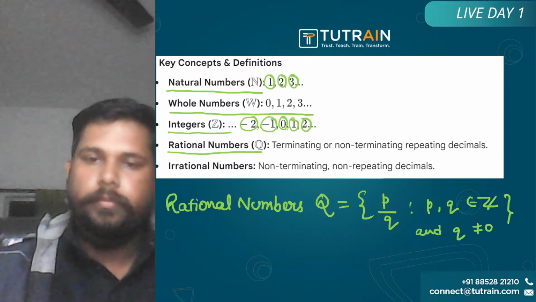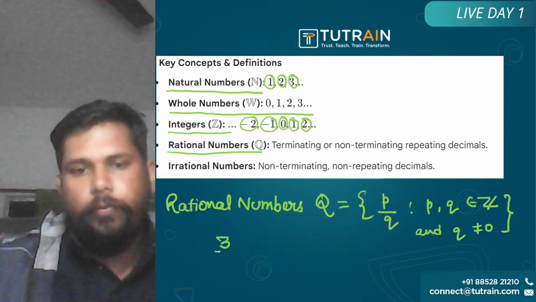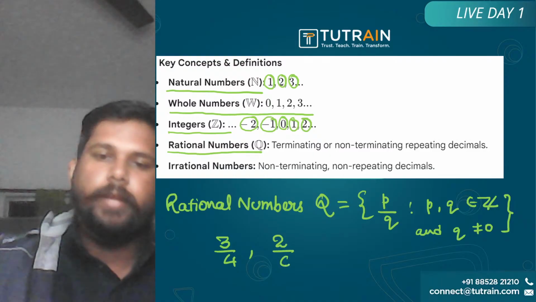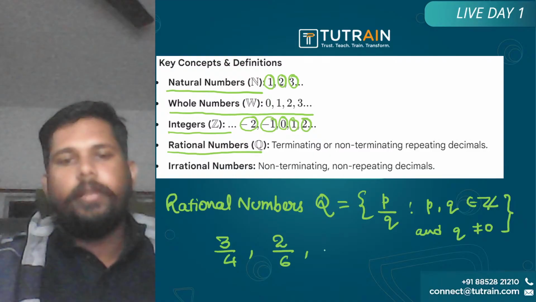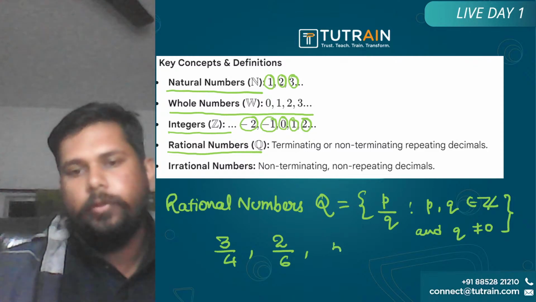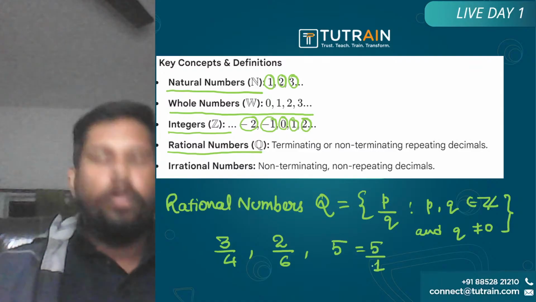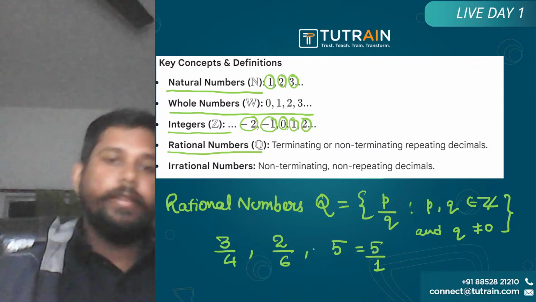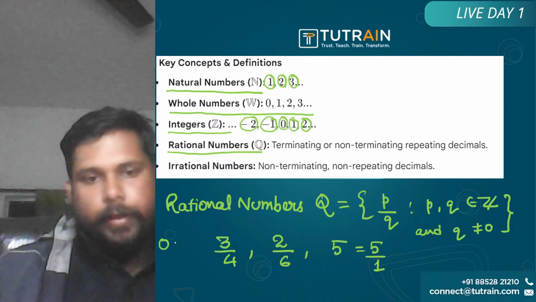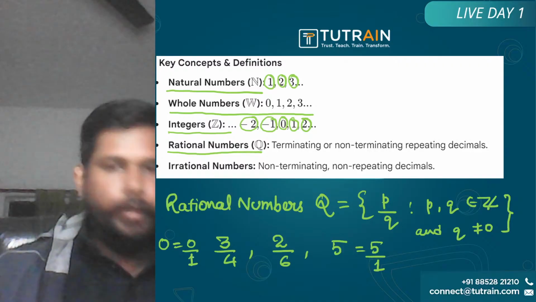Such numbers are, for example, 3 by 4 and 2 by 6. Suppose we have 5, it can be written as 5 by 1, so 5 is also a rational number, and even 0 is a rational number because 0 can be written as 0 by 1.